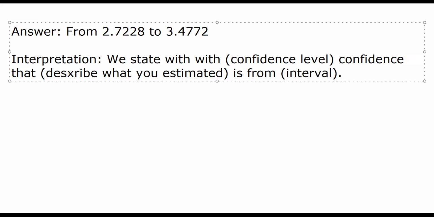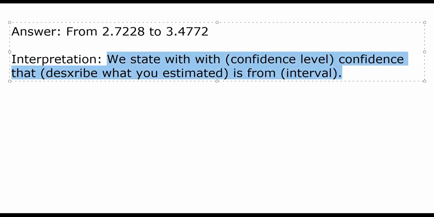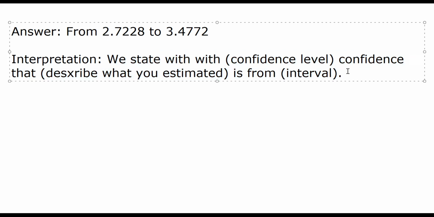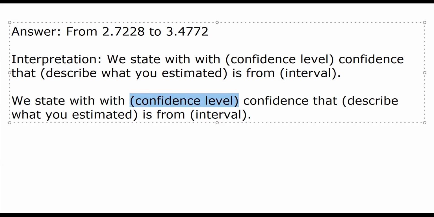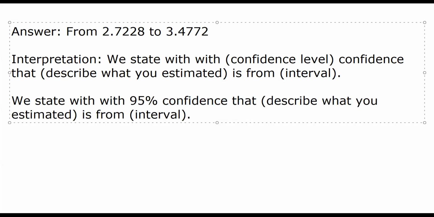So it's actually a real easy thing to do. I'm going to copy and paste this. I want to leave the general interpretation up there, and it's the word describe. But then I'm going to type it again, but this time I'll replace the generalities with specifics. For example, in this confidence interval, the confidence level was 95%. So we start by saying we state with 95% confidence that.